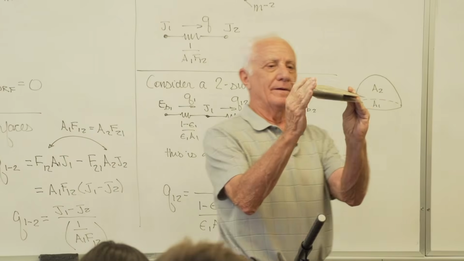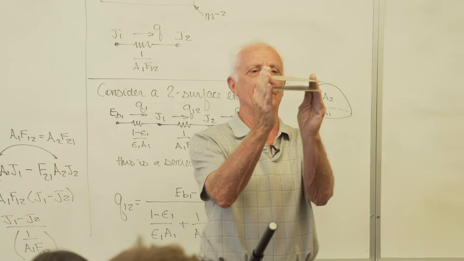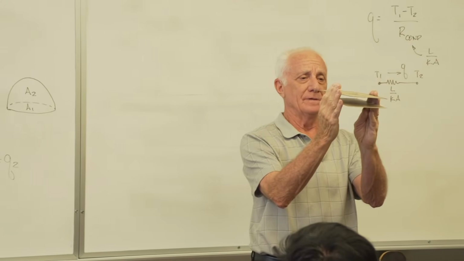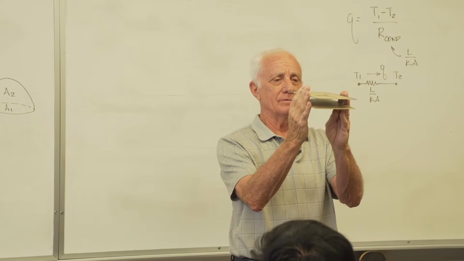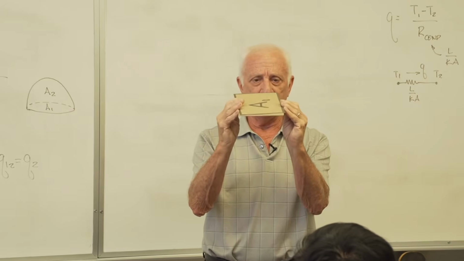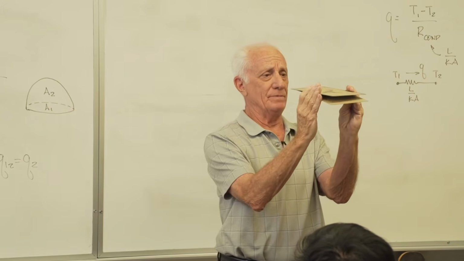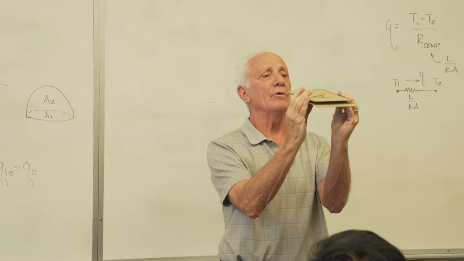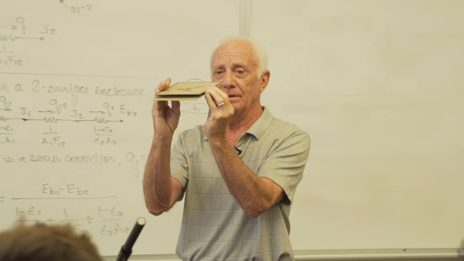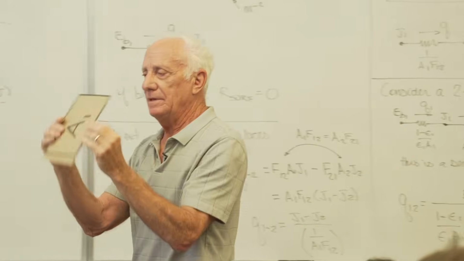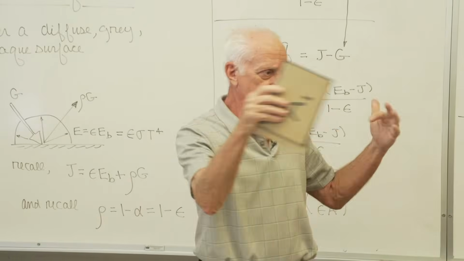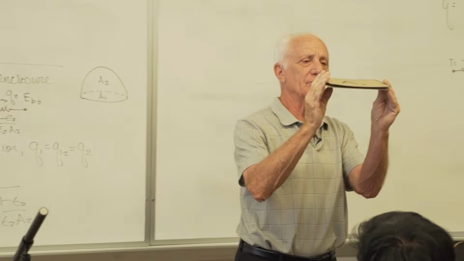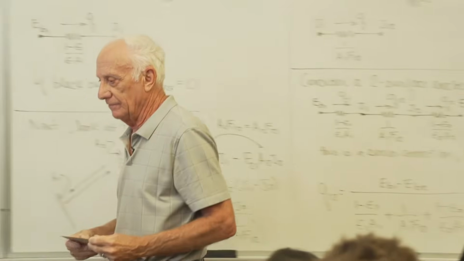They're separated like that, but they're infinite. That means they go in your direction and back into the board a long, long distance, and to the left and right, a long, long distance. If they were separated by a millimeter, that would be close to being that assumption. Is F12 close to being 1? Yeah, real close to being 1. 0.99 something. So infinite just means their 2 directions, x and y, are much larger than the spacing L between the 2. That's what it means by infinite planes.